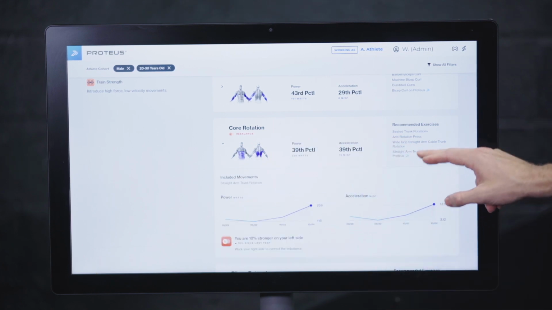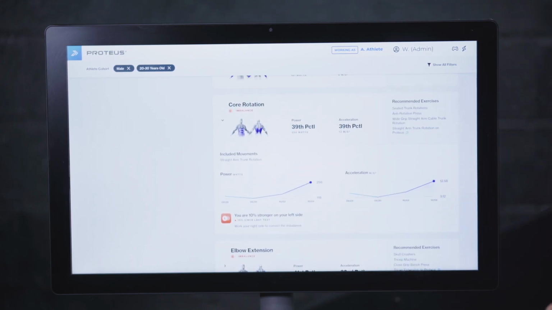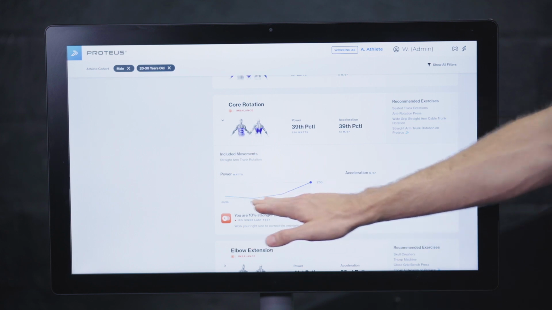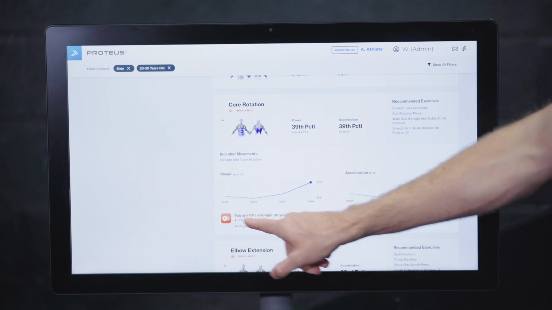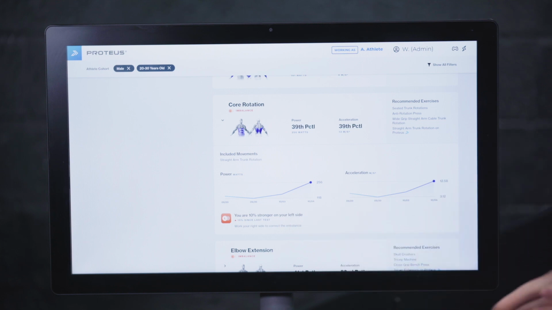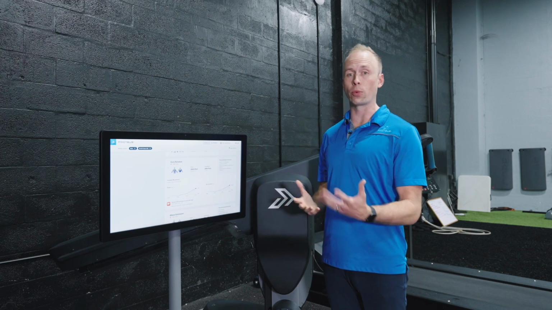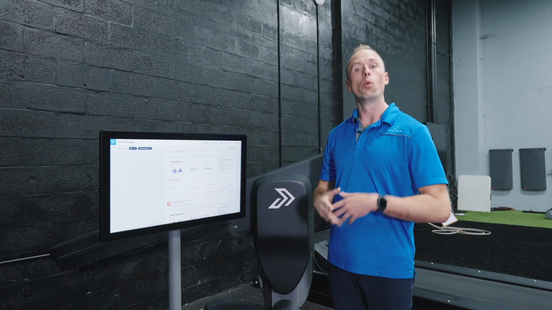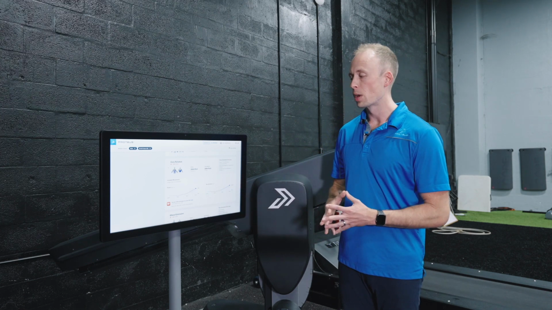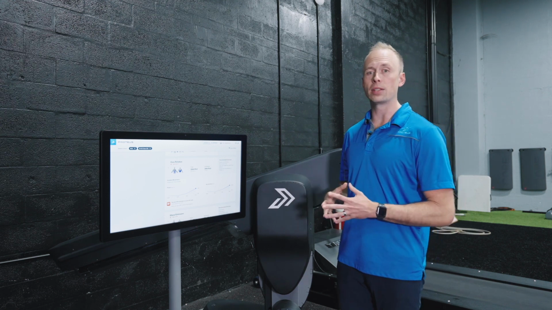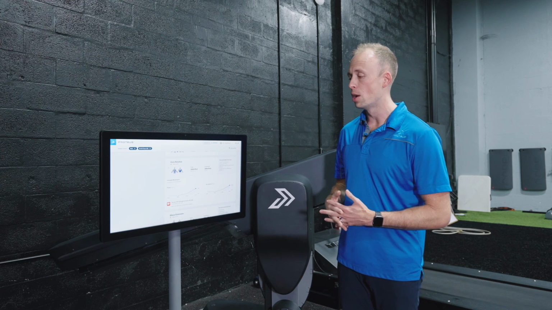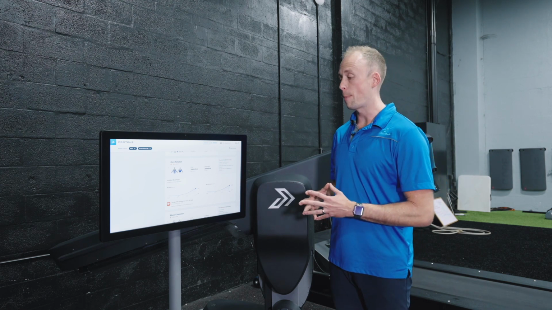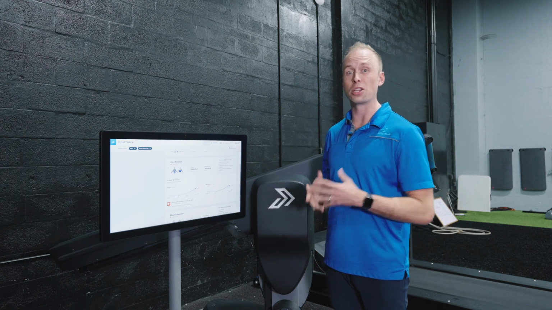If I tap on that button to expand it, you'll see that not only do I get the history of my power and my acceleration, but I also get that indicator of that left to right imbalance, and I can actually see which side is stronger, the left or the right side, so that I can know which side I need to work on more. And you'll probably want to do a greater volume of exercises on that weaker side, or just in general, pay attention to that imbalance as you're going through your training.